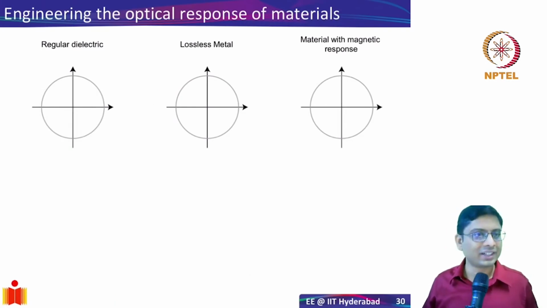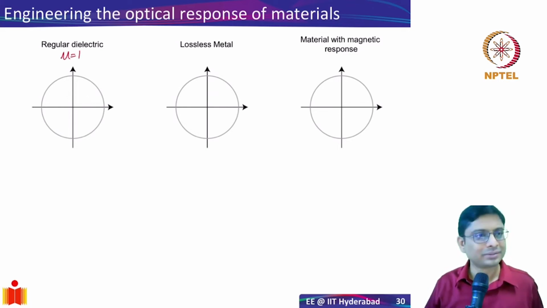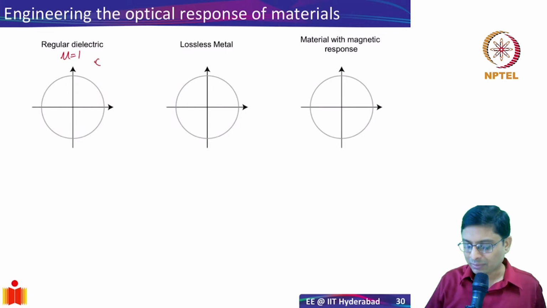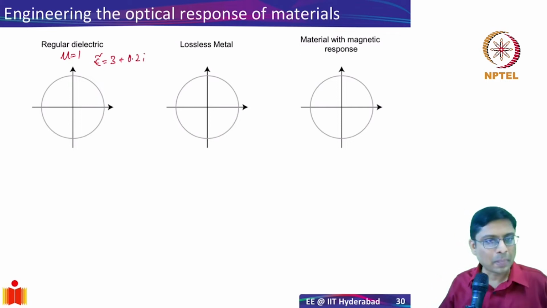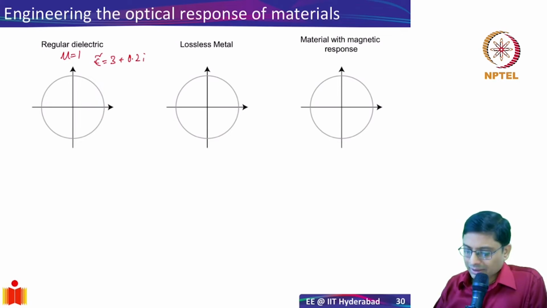Let's consider a few examples. Let's consider a regular dielectric. In a regular dielectric, I know my mu is equal to 1. Let's say my epsilon is some number, just 3 plus 0.2i or something, with real and imaginary parts. It doesn't really matter. How do I represent this in the complex plane? My mu is 1, so I'll put it here. And for epsilon, the real part is positive, so I'll put it somewhere like this.